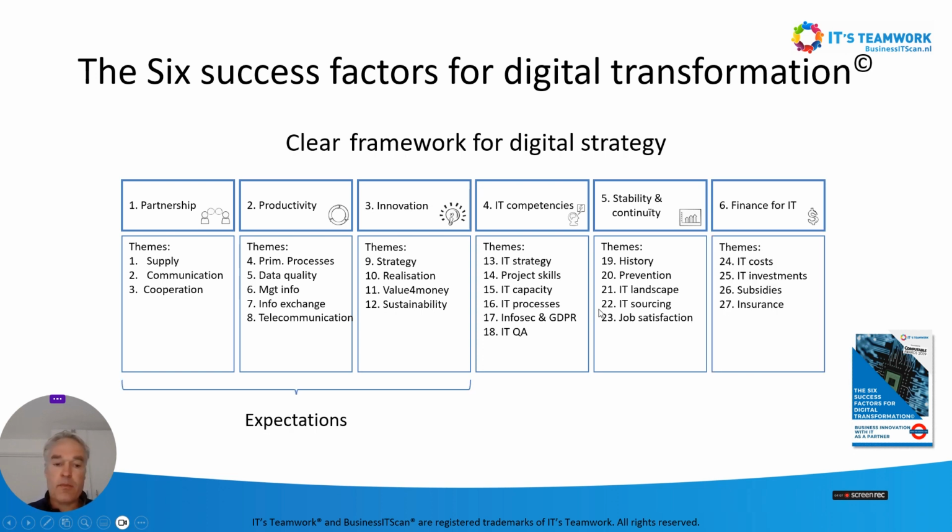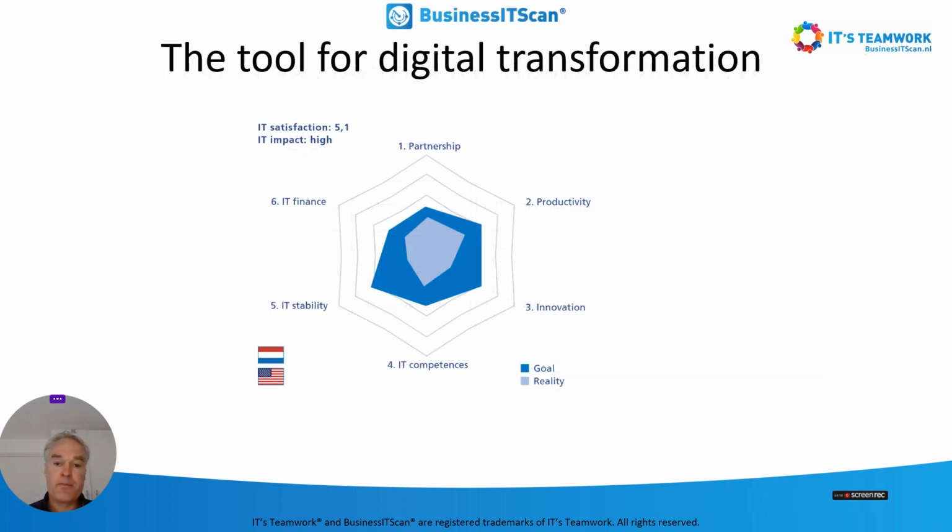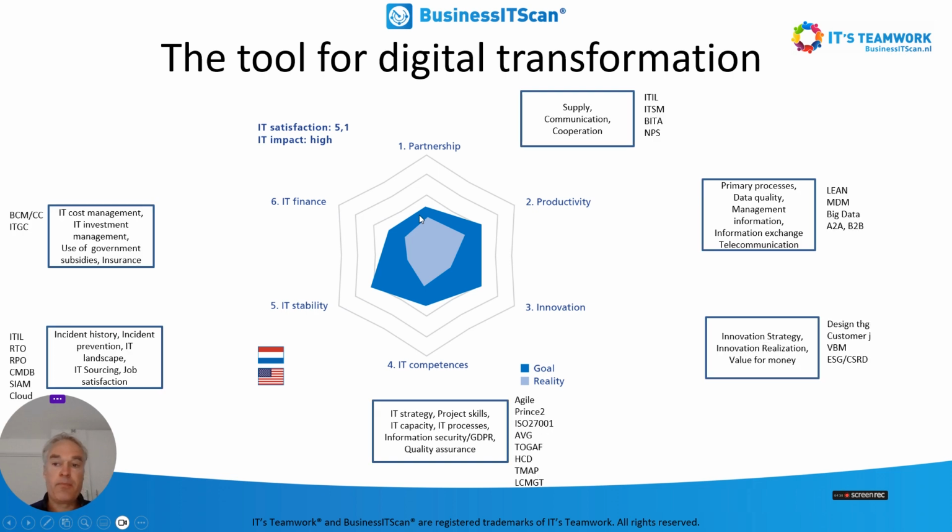So to summarize, the first 3 success factors are the business needs, the expectations, and the last 3 success factors comprise the prerequisites. So with the platform, we assess those 6 success factors, the current state and the ambition states, which leads to very interesting discussions, as you can imagine.